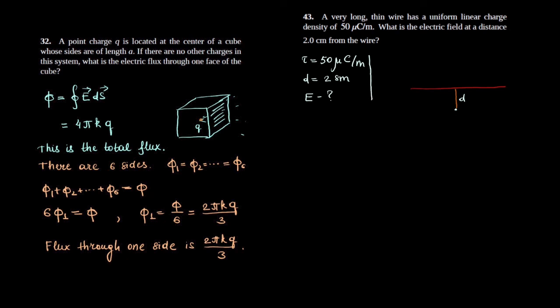How do we do that? Again, we will use the Gauss law. According to that, the integral of E ds is equal to 4 pi k q enclosed.